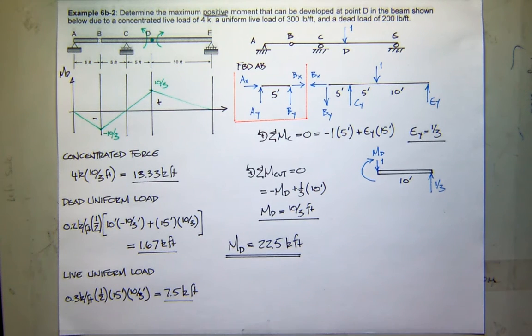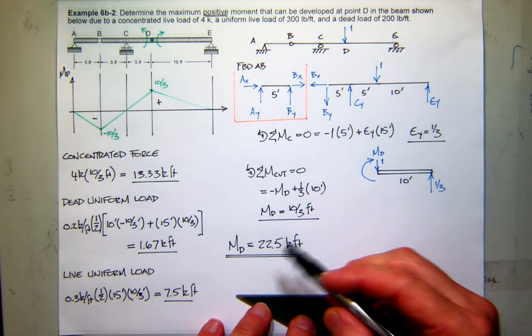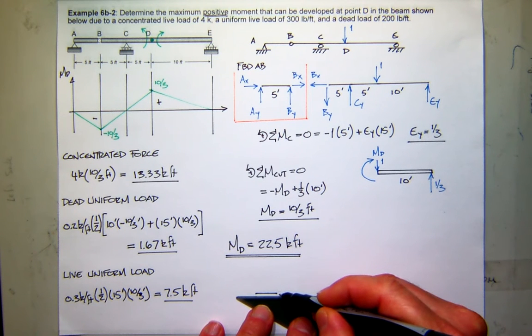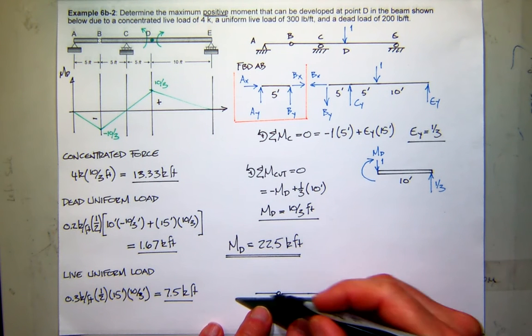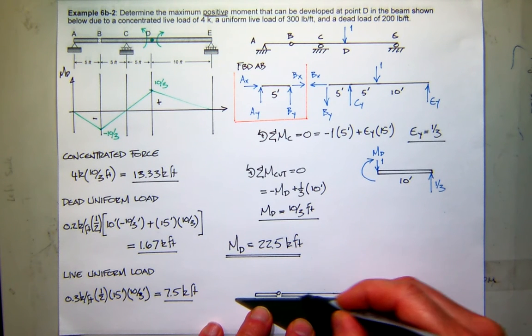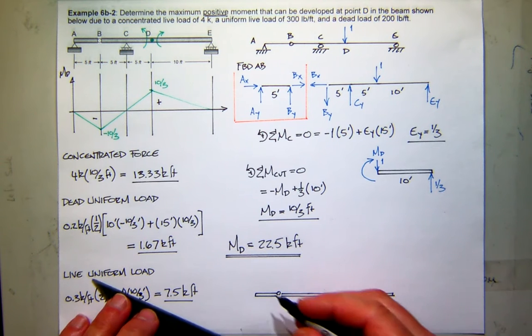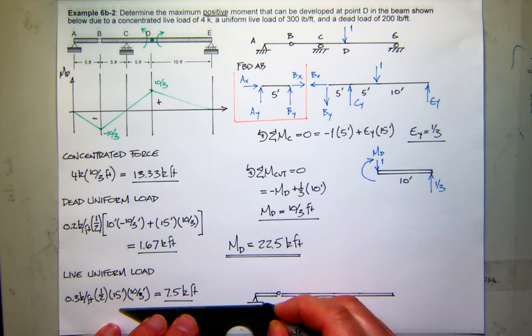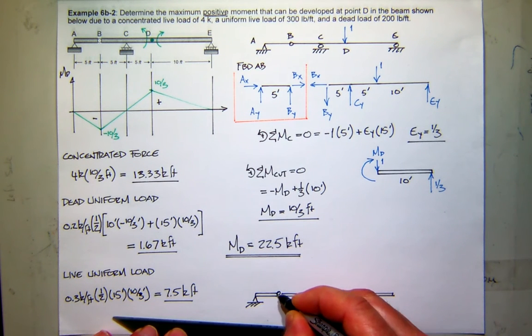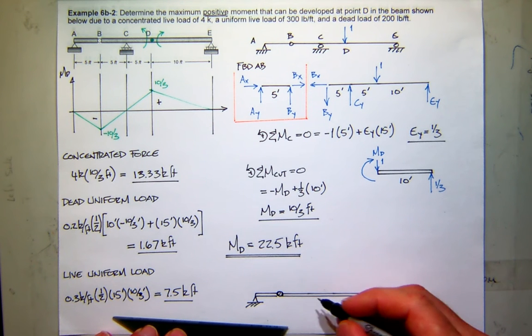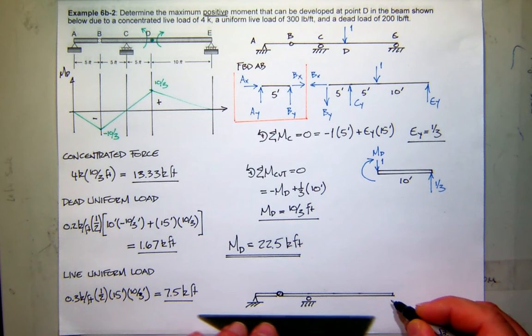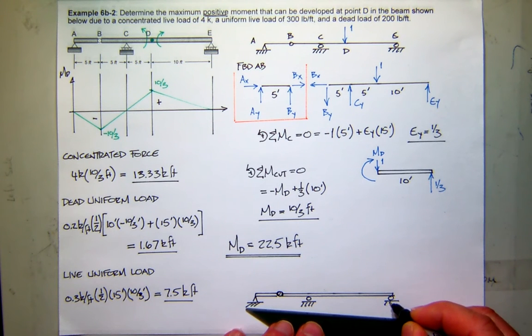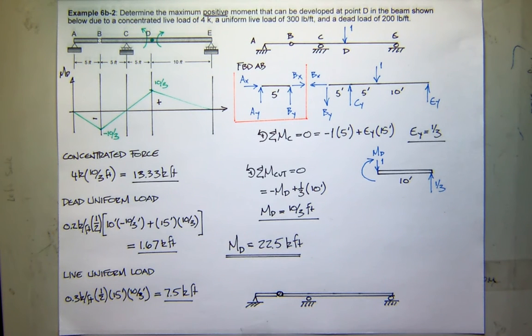And just so you guys can see that, let me redraw the structure real quick. So here's our pin at A, and I have my hinge, and I have a roller at C, and then I have a roller out here at E. So let's see, first things first, the dead load.